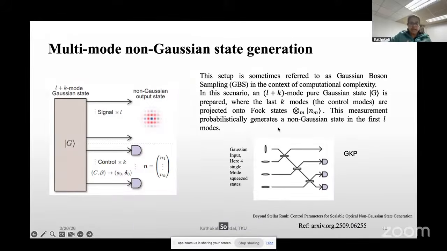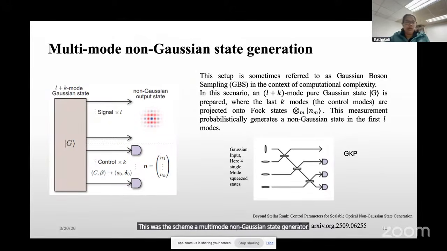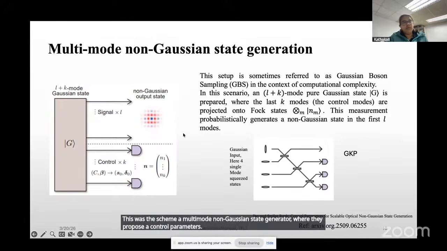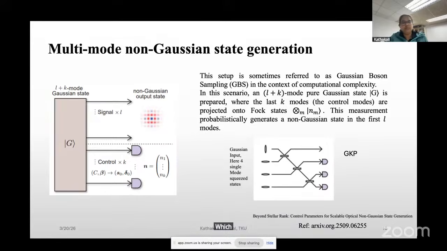Recently, in this paper, they show a scheme for a multimode non-Gaussian state generator, where they propose control parameters, and by controlling these we can control the non-Gaussian state.